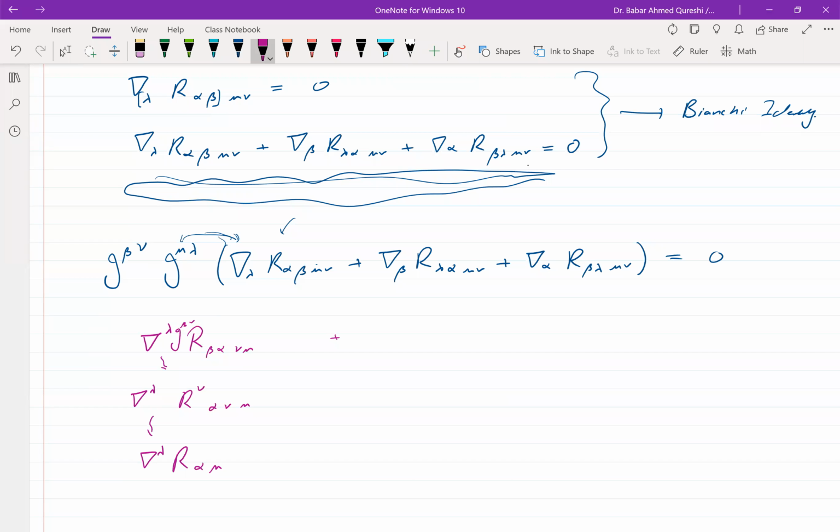While over here, I'm contracting lambda and mu, when this g mu nu acts over here, it raises the index on lambda and makes it mu.